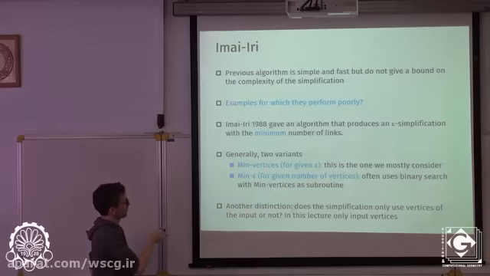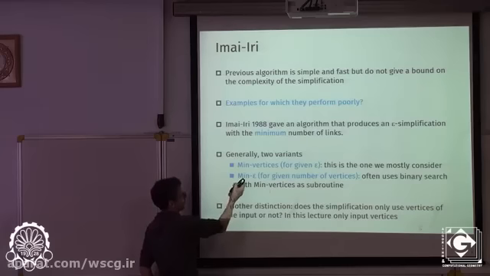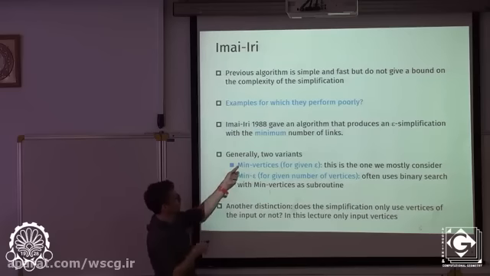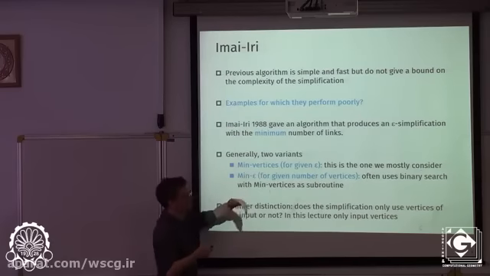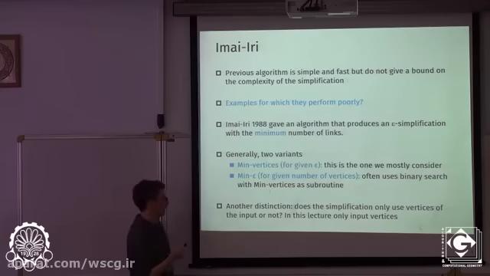Most often the min vertex simplification given an epsilon is the one that is considered. And if we then want to do min epsilon simplification, you simply do a binary search over values of epsilon. Then you apply this algorithm, see how many vertices you get, and depending on that, either increase or decrease the epsilon.